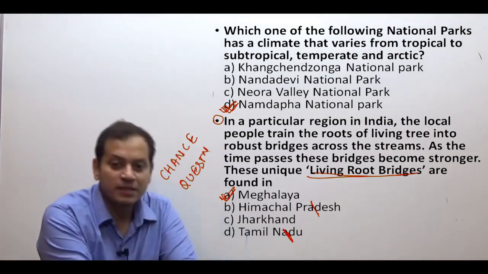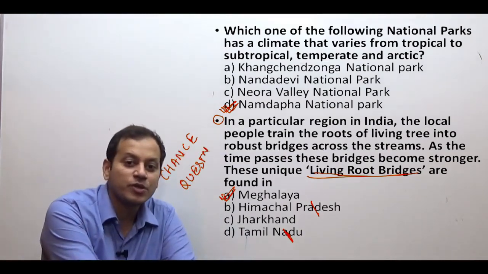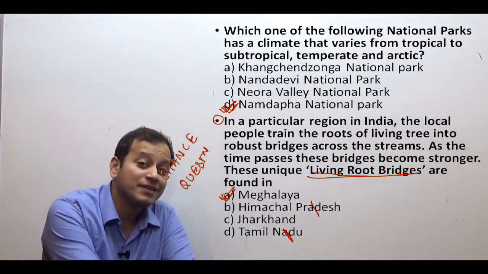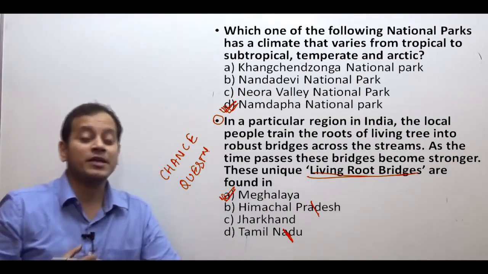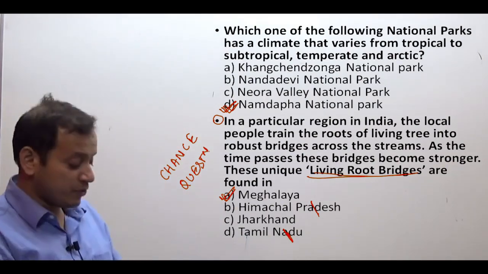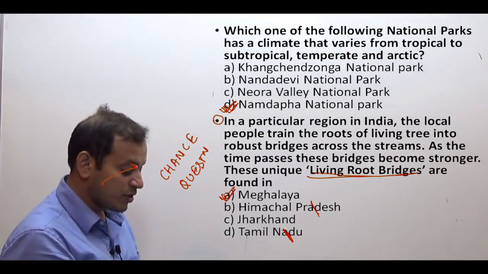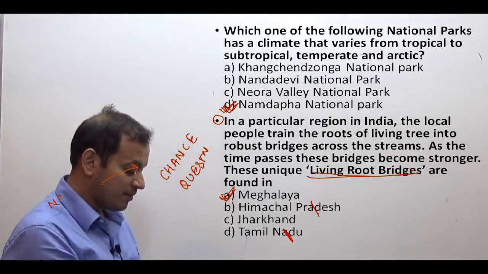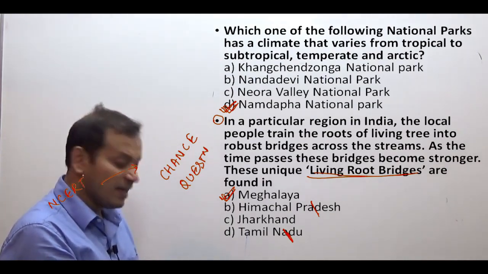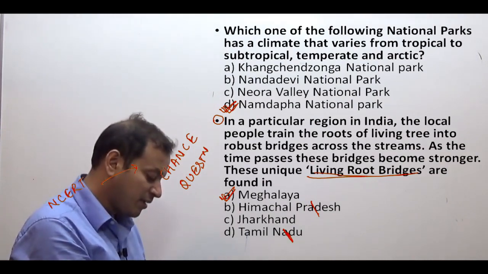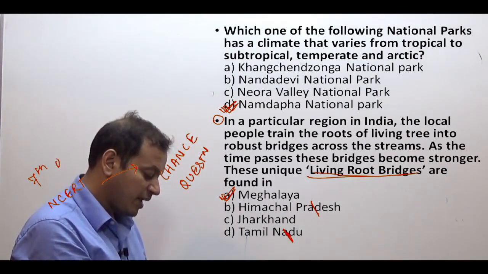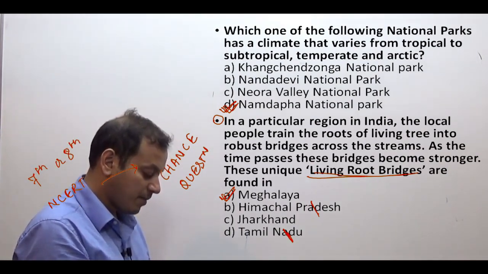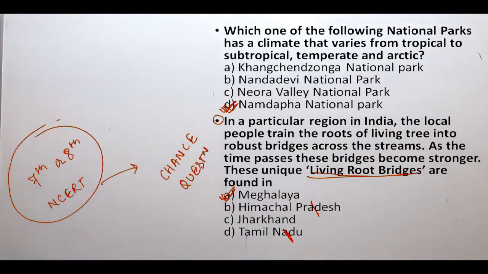Such chance questions you should attempt if you have the daring to attempt them. Why I say this is to make you think simple: this question is from NCERT. I forgot which NCERT, either the 7th or 8th standard NCERT.